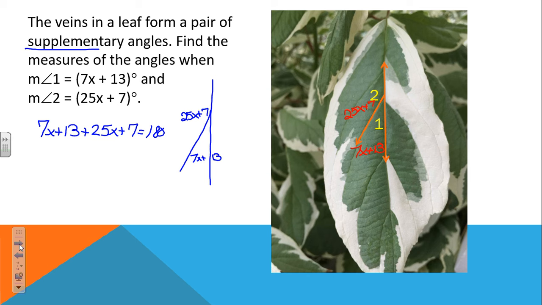Combine like terms. Like terms are 7x and 25x. We add them and we get 32x. Like terms are also 13 and 7 since they're on the same side of the equation. What do we get? 20. Okay. So 32x and 20.